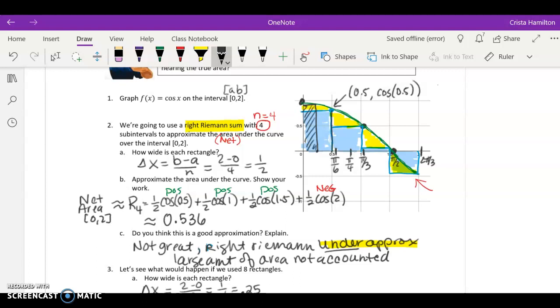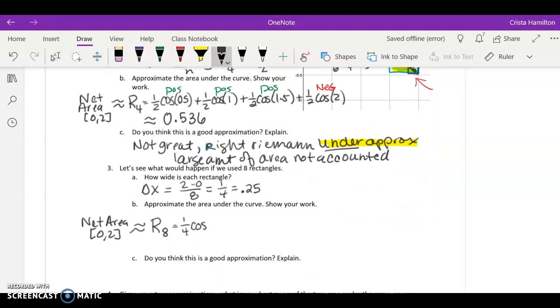Our second rectangle would be over here to the 1/2, and then so on. Adding these rectangles in, you start to see that our approximation is going to be a much better approximation than it was. So this is what your 8 rectangle one is going to look like.